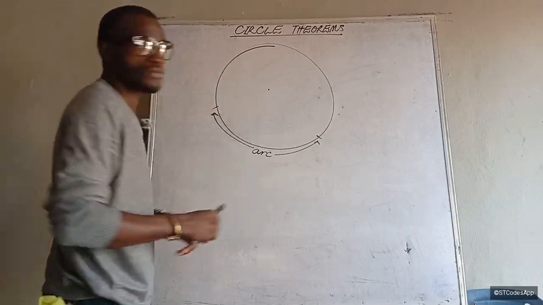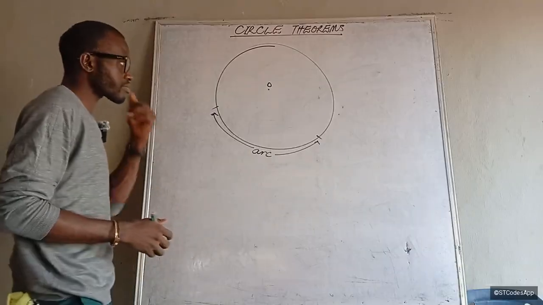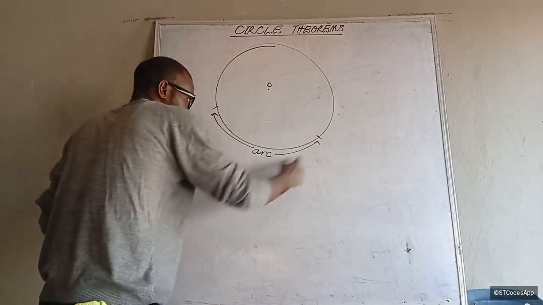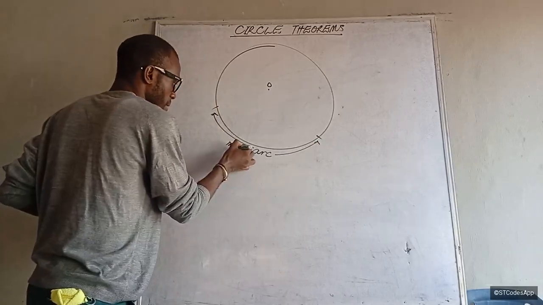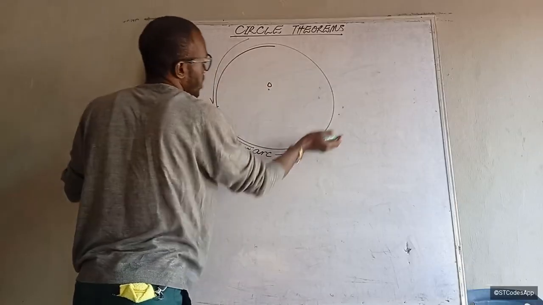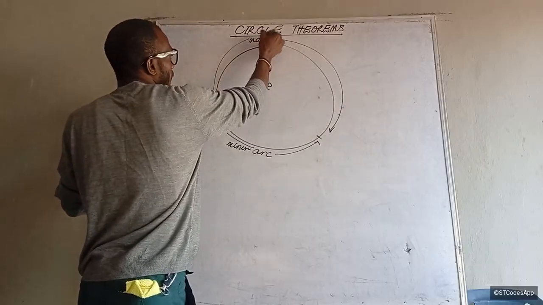So this is the center. In your exam, you will see it always marked center O. Now, this small distance here is called an arc, and because it's small, it's called the minor arc. The larger one here, from here to this place here, we call it the major arc.